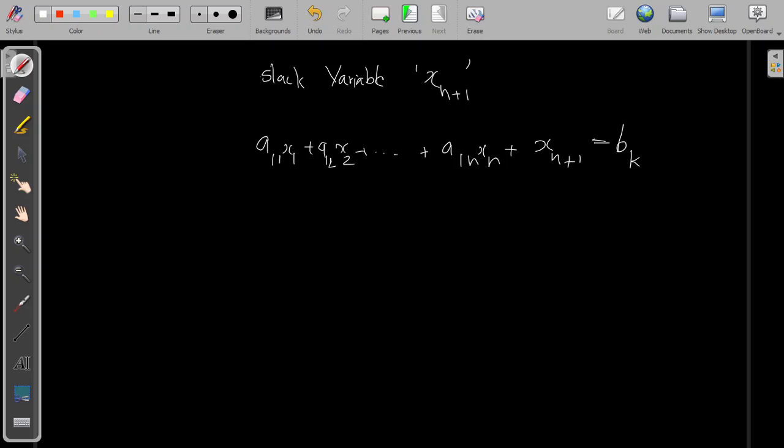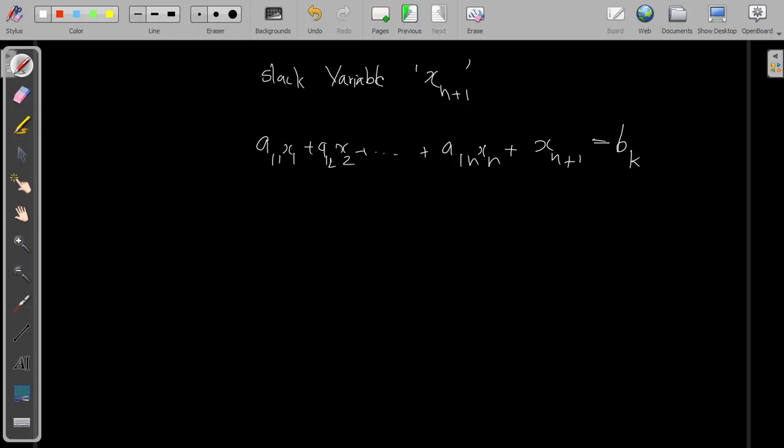That means we will introduce another decision variable xn plus 1 here, so that it gets equality form.